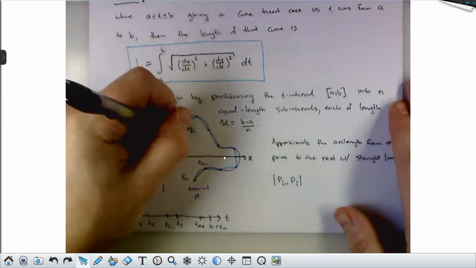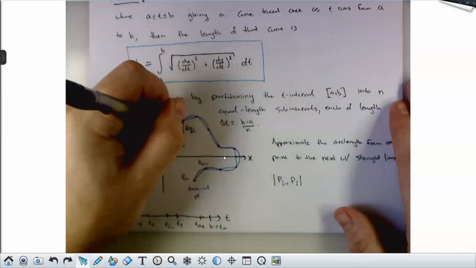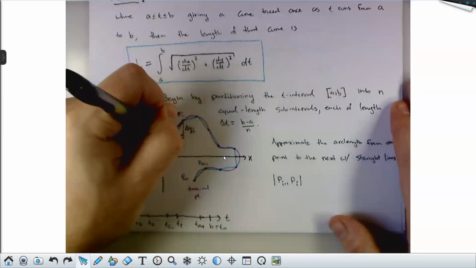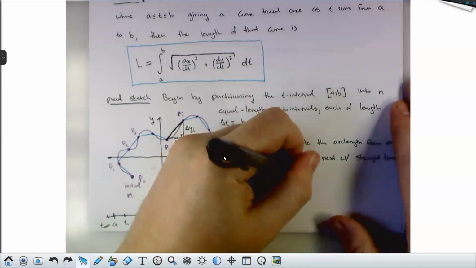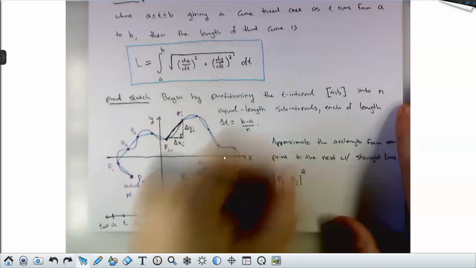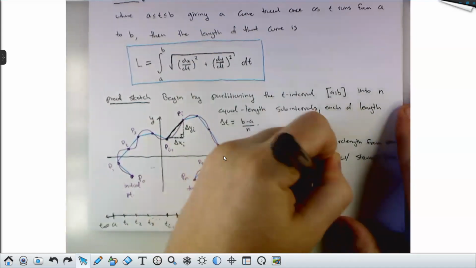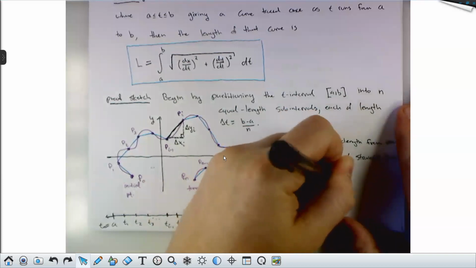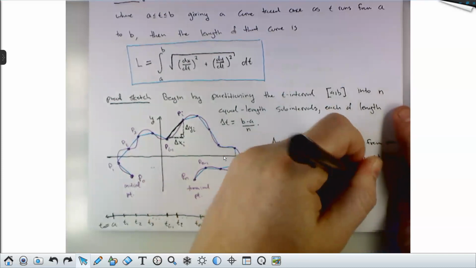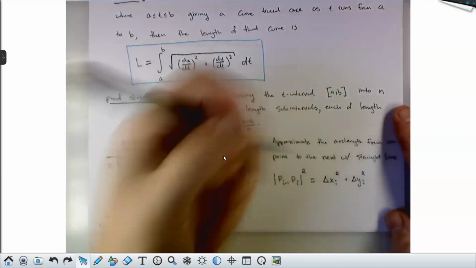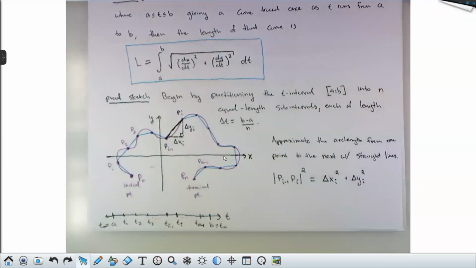Then I do have a little right triangle here, which means that this distance squared is equal to delta xi squared plus delta yi squared. Because for any right triangle, a squared plus b squared equals c squared.